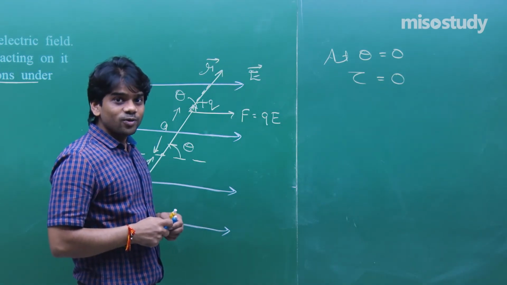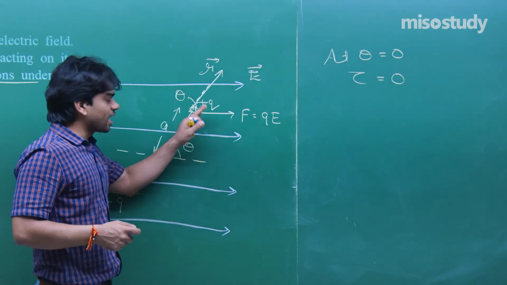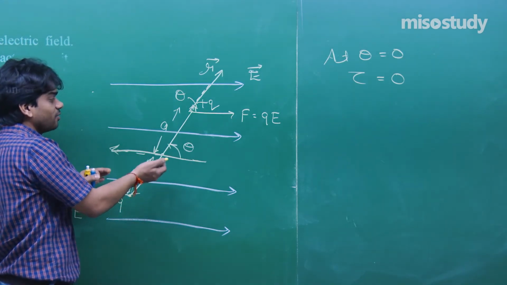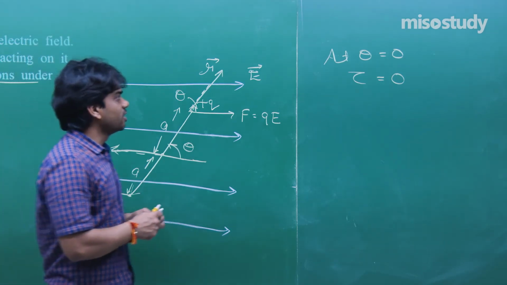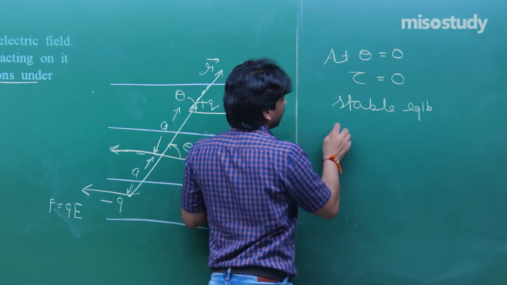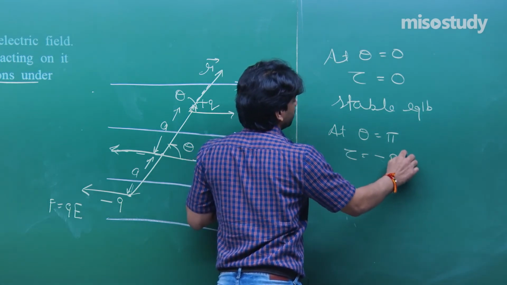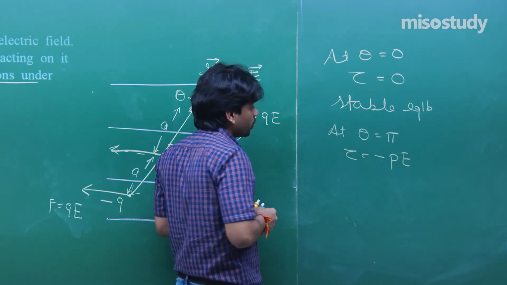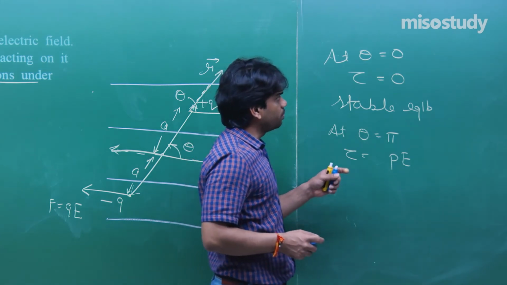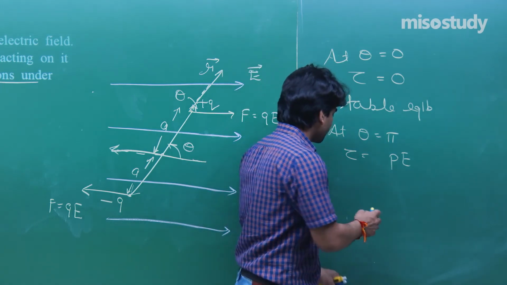Now try to understand for unstable equilibrium: when you increase the angle, the torque increases, and when theta becomes pi, because I am measuring the angle theta with respect to the dipole moment direction. So this is the case of stable equilibrium first, and for theta equal to pi, the torque will be PE sine 180.